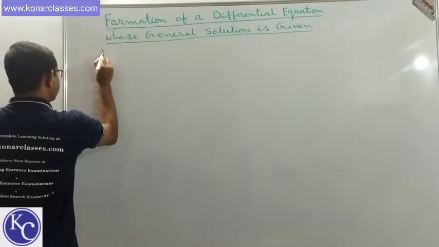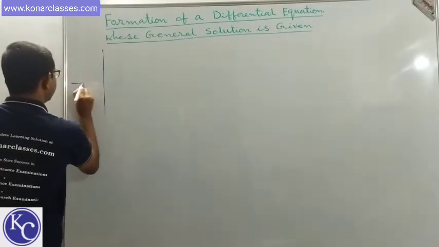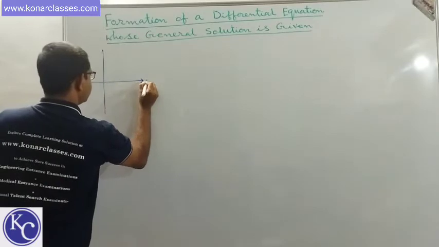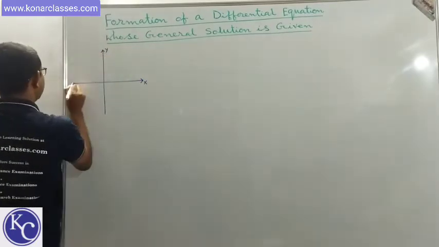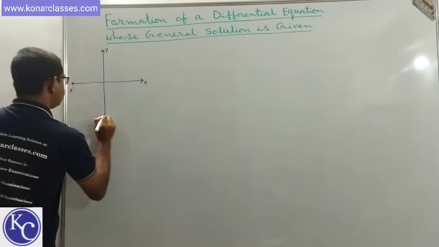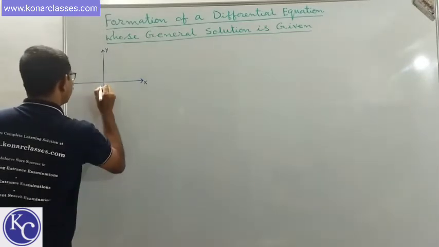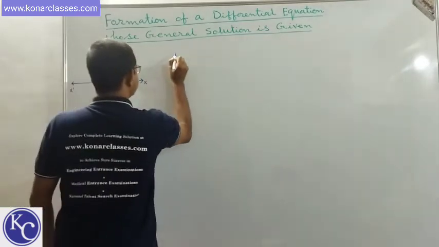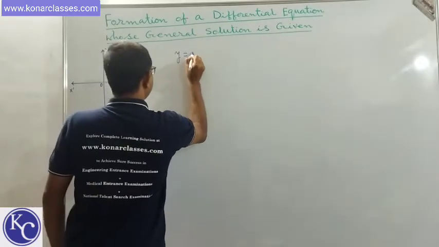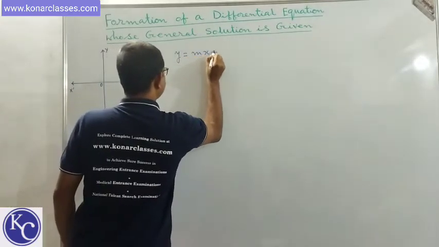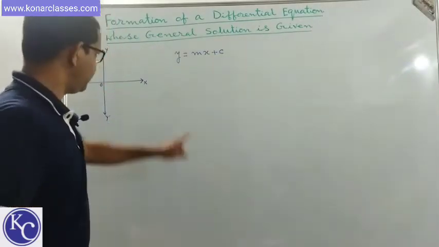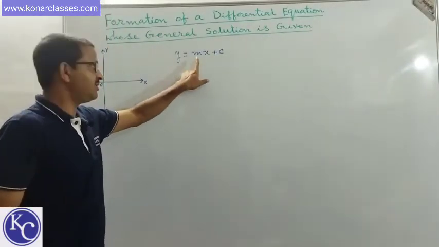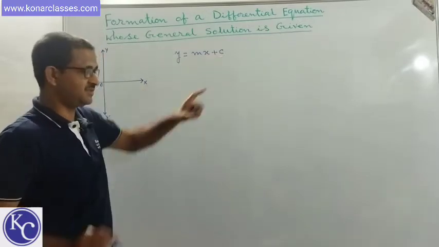So if I draw the straight line, let me show you how it looks like. So what is our equation? y equal to mx plus c. What is m? m is the slope of that straight line. This represents a straight line having slope m and y-intercept c units.